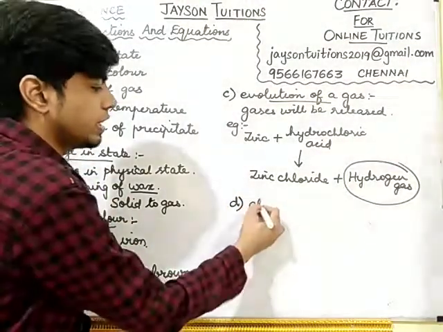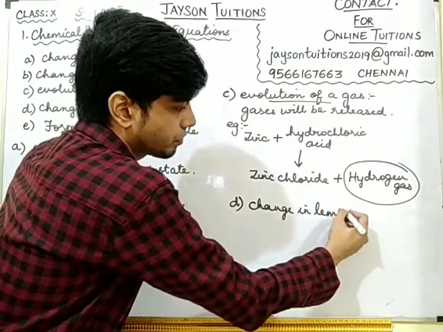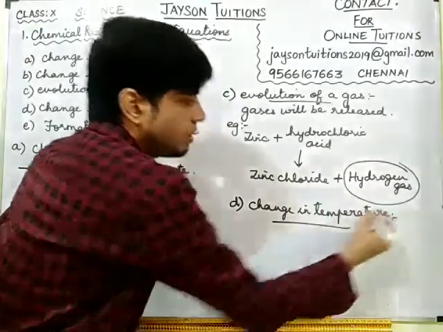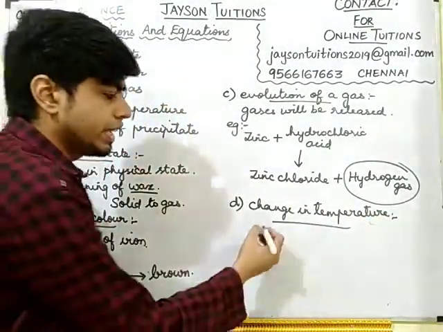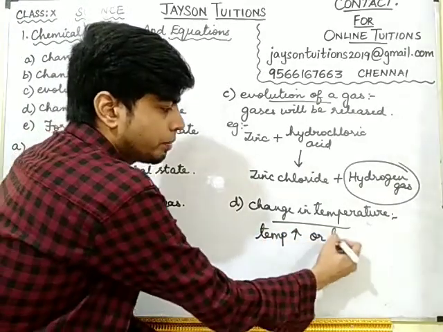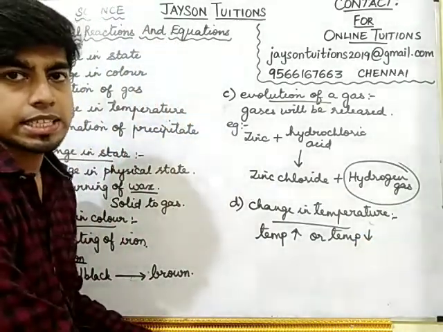The next one is change in temperature. Change in temperature means when the reaction is taking place, the temperature will change. Either the temperature can increase or the temperature can decrease during the reaction.